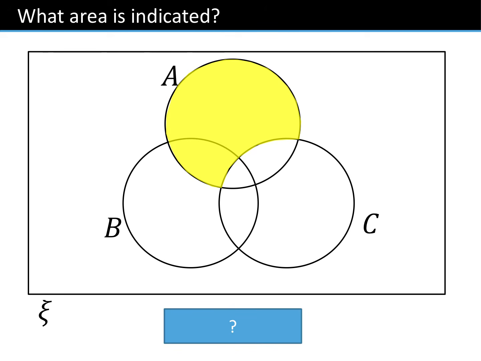This is A intersection C dash, not C, because this is the whole of A and not C. So if you say it as words, then you can change it into the symbols. Okay, next question. This is A and B and not C. So we're going to have A intersection B intersection C dash.